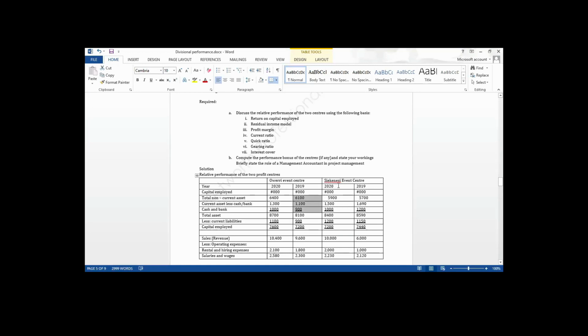For Isekenisi Event Center 2020, get your total assets. Sum up. For Isekenisi 2019, get your total assets. Please, let's confirm these figures.